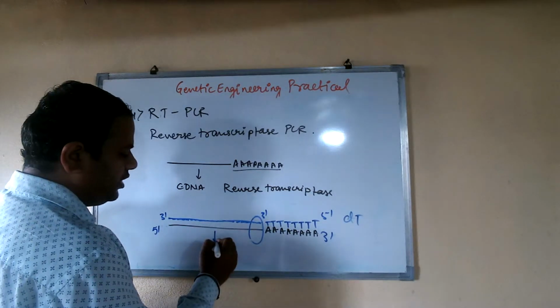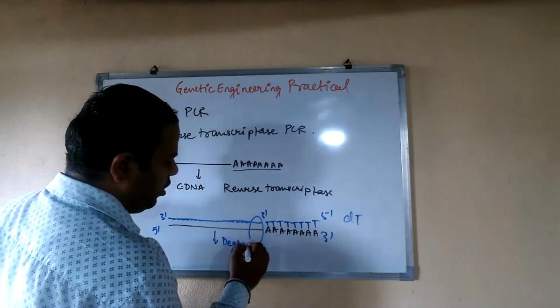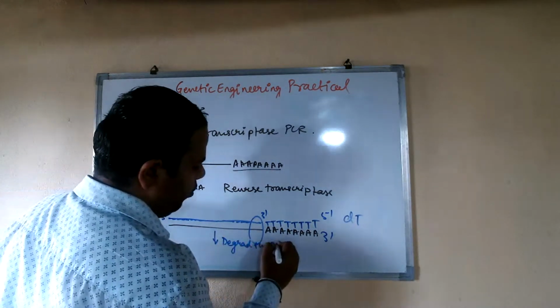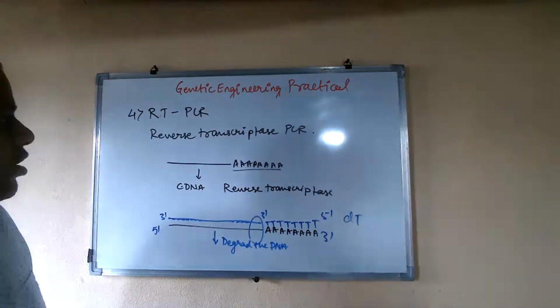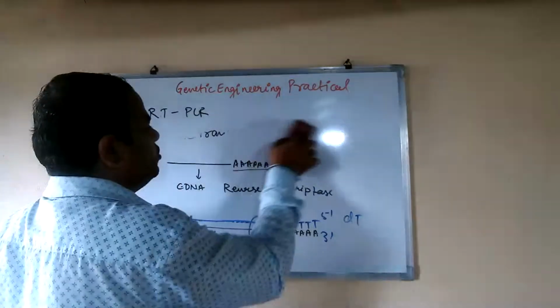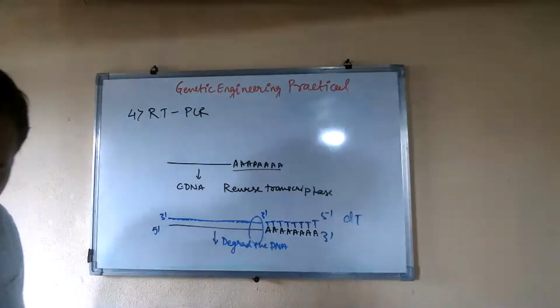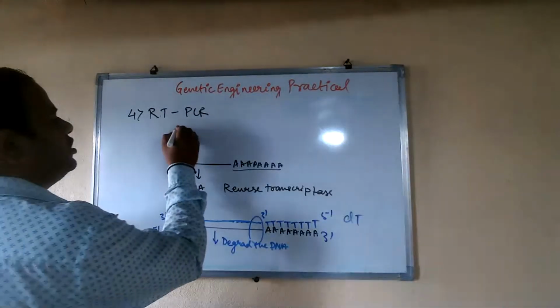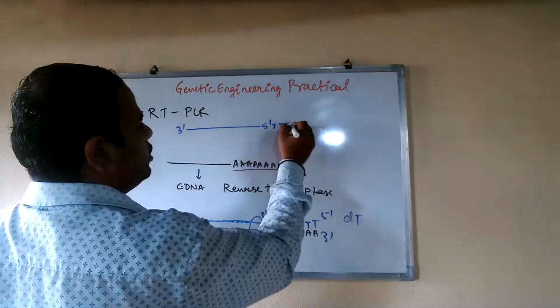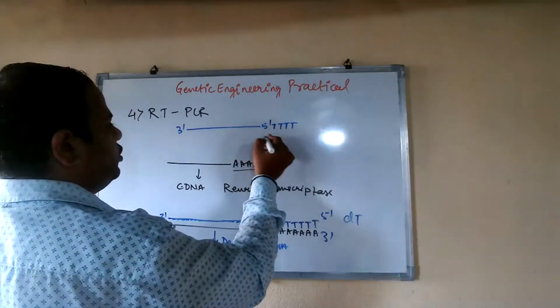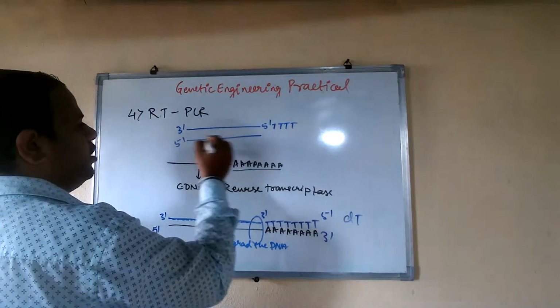So in the next step, you are going to degrade the RNA. Okay, so now the cDNA that is formed here, having the TTT on this side, is again converted into regular DNA.